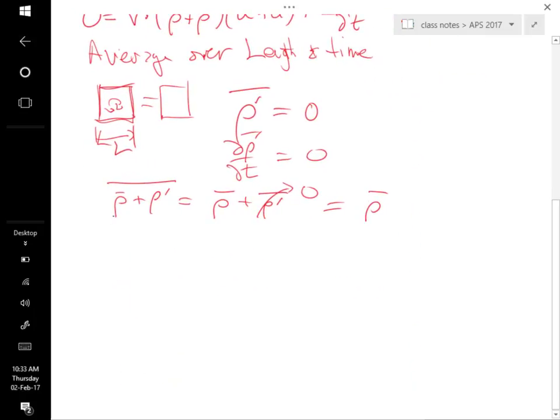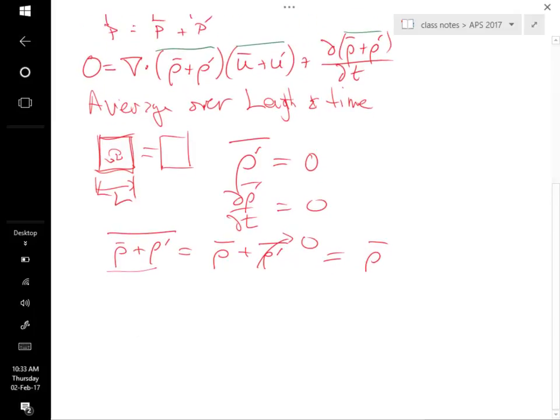So if we take the average of something like that, the perturbed part just ends up canceling out. Okay, and we would have something similar for velocities.